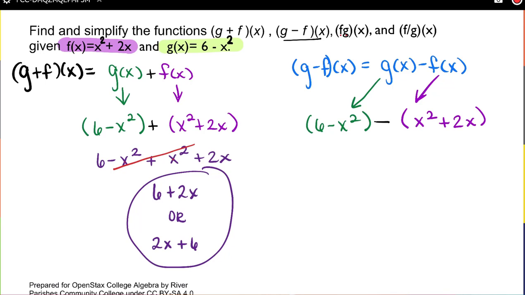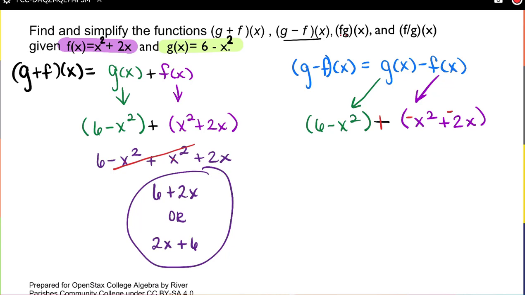Now, what we need to remember here is we are subtracting the entire second parentheses. We are subtracting x squared and we're subtracting 2x. So you may want to change this to plus a negative and make the whole parenthesis negative. Had any of the terms in the second parenthesis been negative, we would change it to positive in that case.